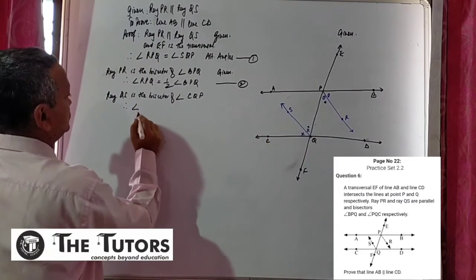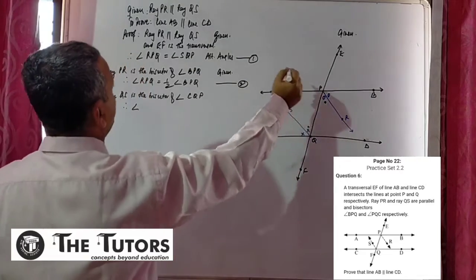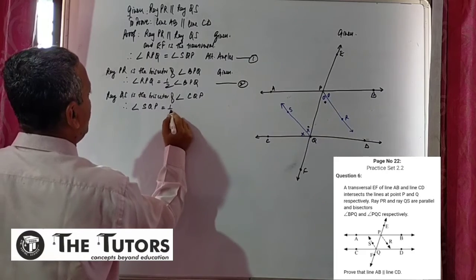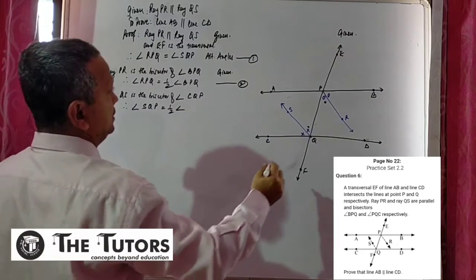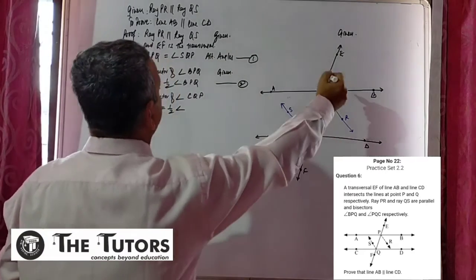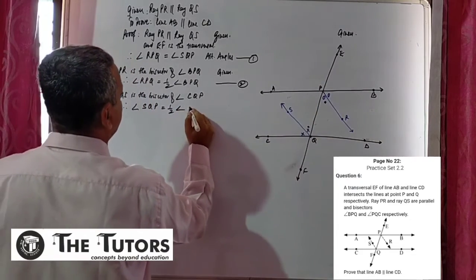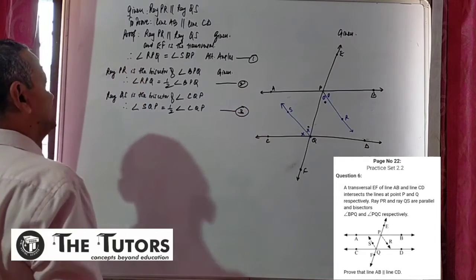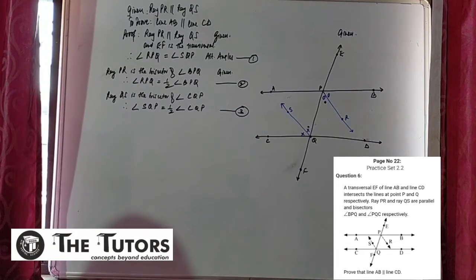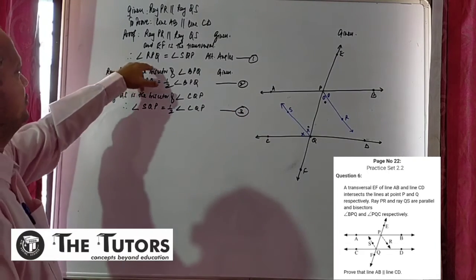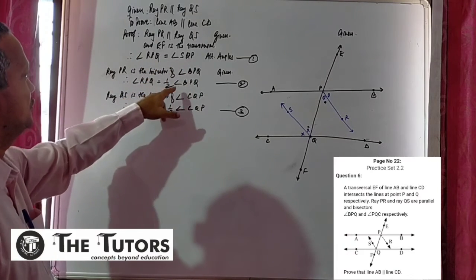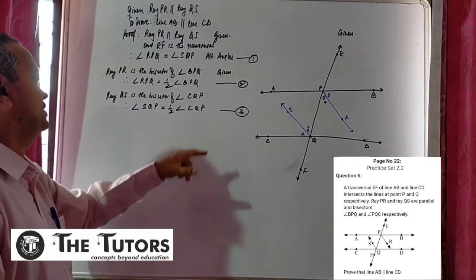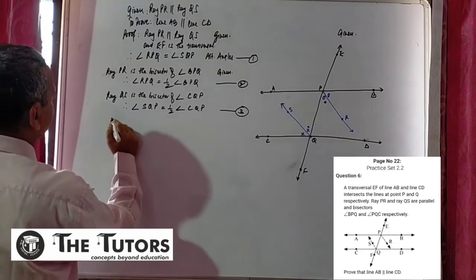Therefore, angle SQP is equal to half angle CQP. This will be your 3. Similar to some which we solved before. Angle RPQ is equal to angle SQP, angle RPQ is equal to half angle BPQ, angle SQP is equal to half angle CQP.